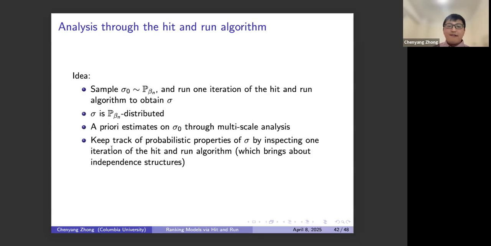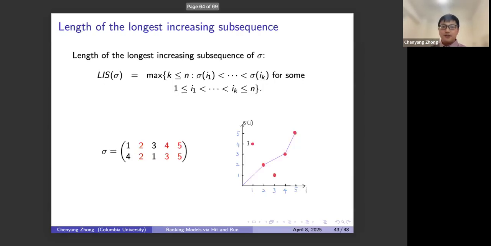Therefore, if we have a priori understanding of sigma 0, which we achieve by certain multi-scale analysis that I will not detail here, we can make use of the independent structure embedded in the hit and run algorithm to understand the limiting distribution of sigma. So that's the trick. Based on sigma 0, for which we first prove something, we bootstrap the result by running one iteration of the hit and run algorithm, turning cruder results into more refined information about sigma. And that's how we get the limiting distribution results.